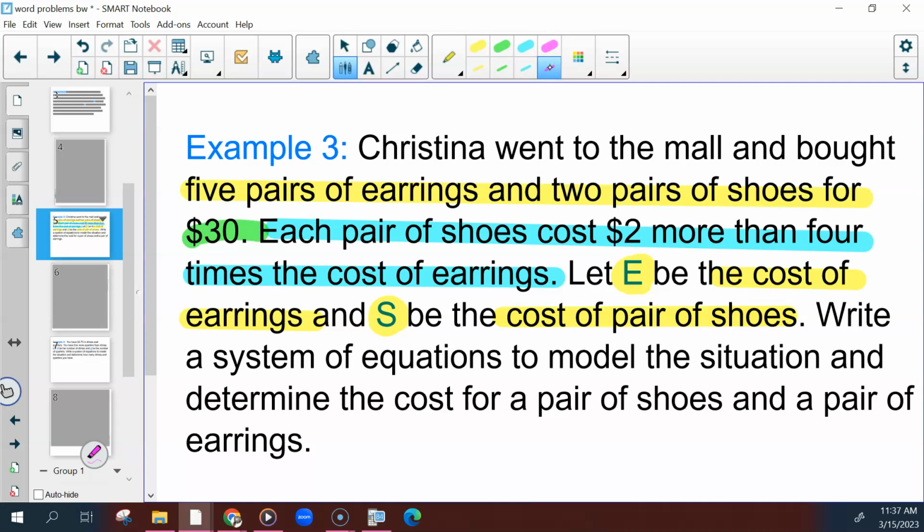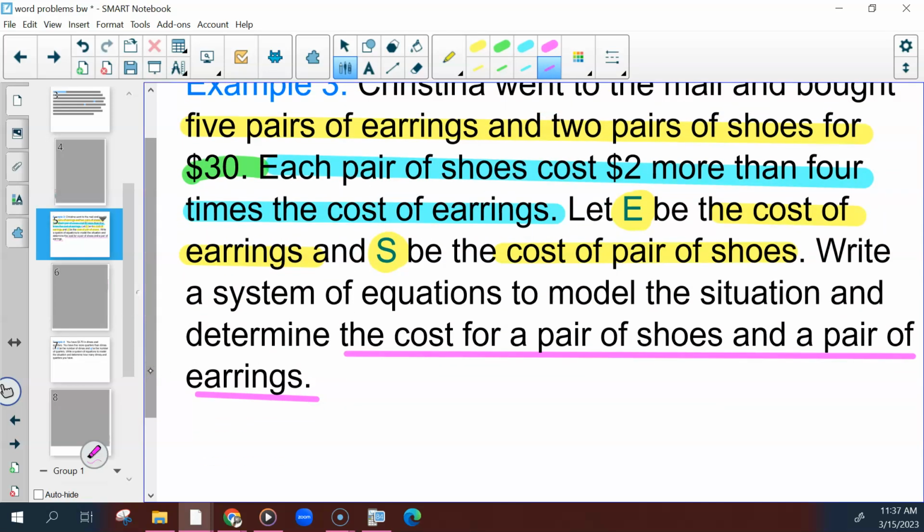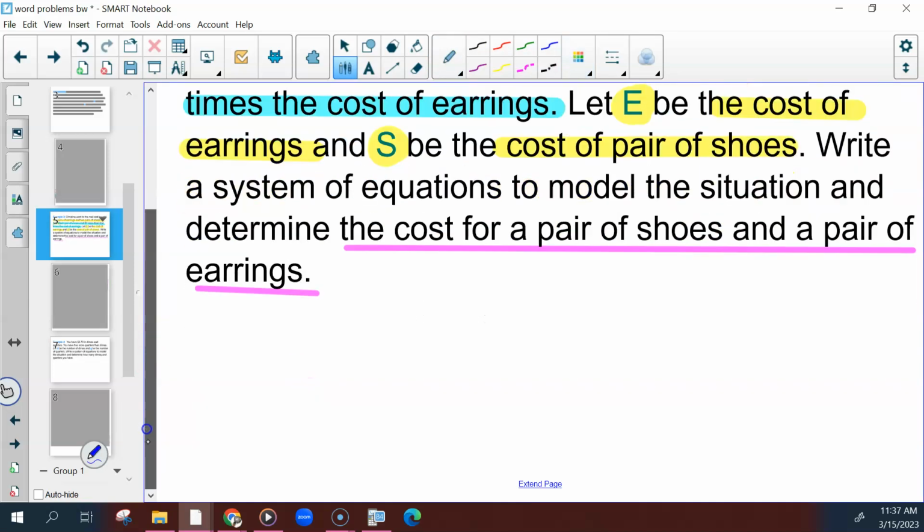And what are we looking for? Define your variables, even though they're already defined, go ahead and write what they said down.